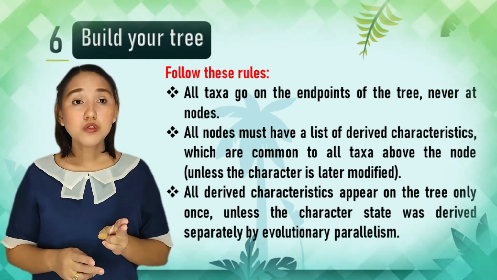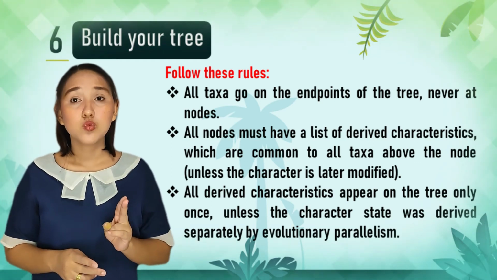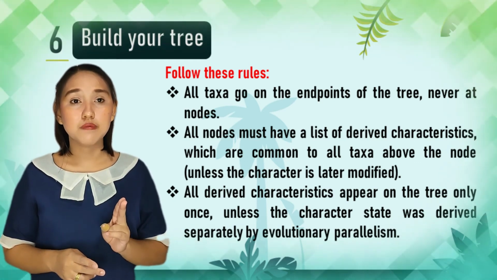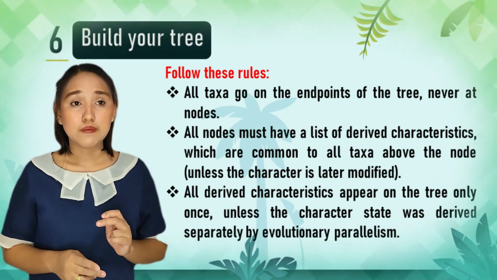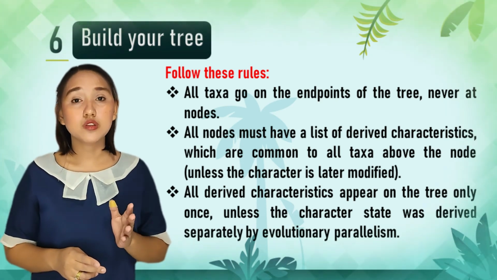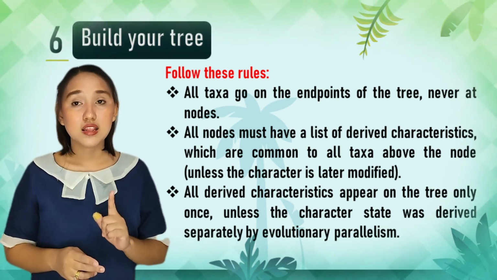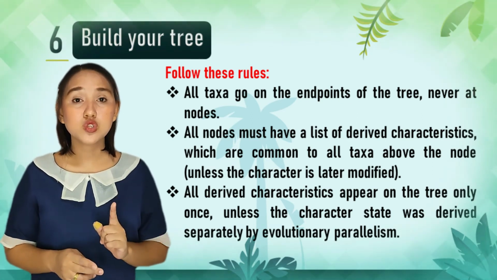Second, all nodes must have a list of derived characteristics which are common to all taxa above the node, unless the character is later modified. Last, all derived characteristics appear on the tree only once, unless the character state was derived separately by evolutionary parallelism.